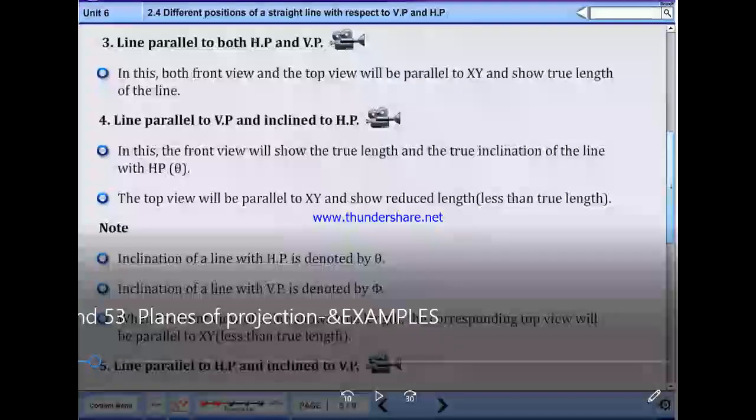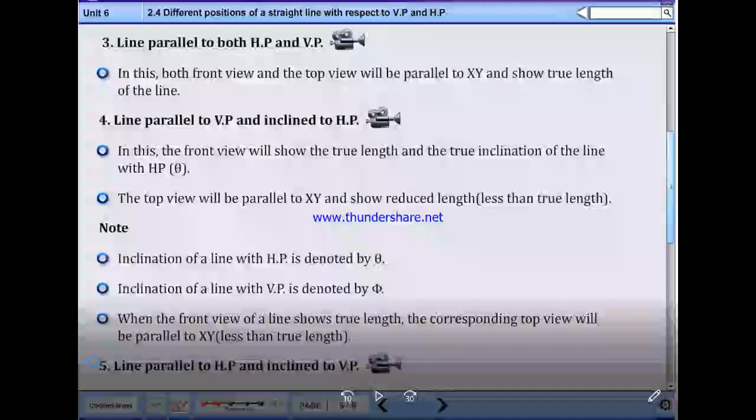Now, continuing the previous one, third, line parallel to both VP and HP. Note on this one: both front view and top view will be parallel to XY and show the true length of the line.